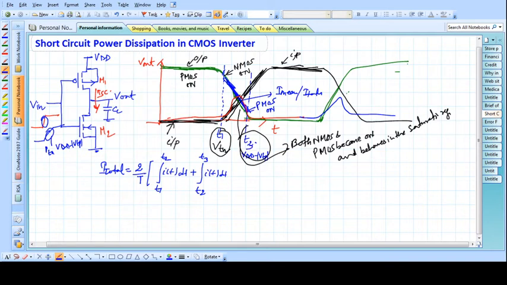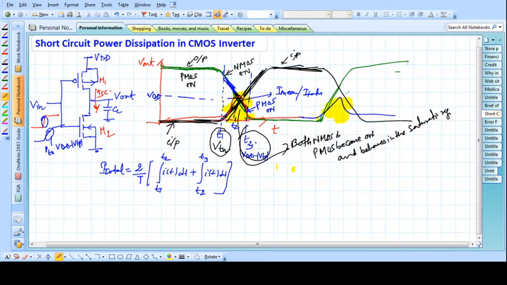Why? Because in the middle of that there will be some time T2 where this current will go to the peak and it goes down. At T2 its voltage will be VDD. And why am I writing 2 by T? Because this is one peak of the current and this is another peak.